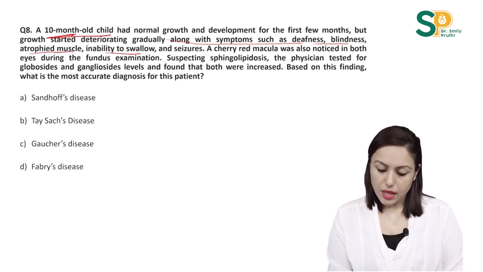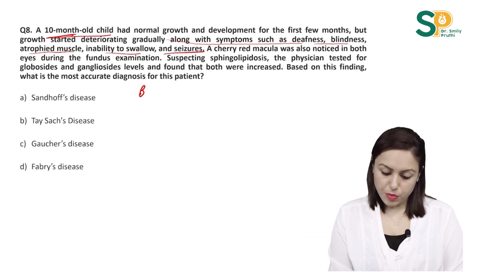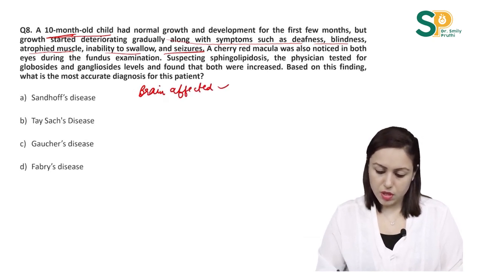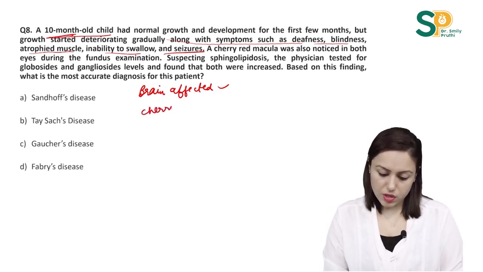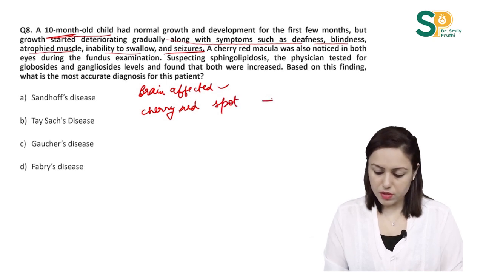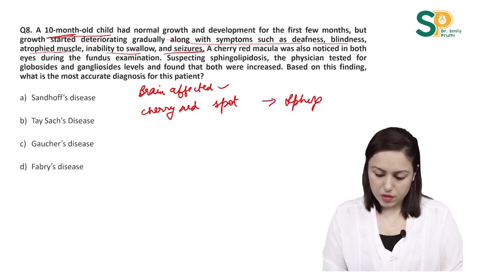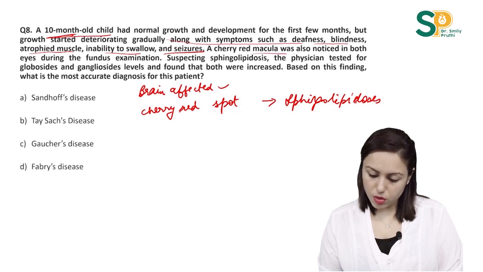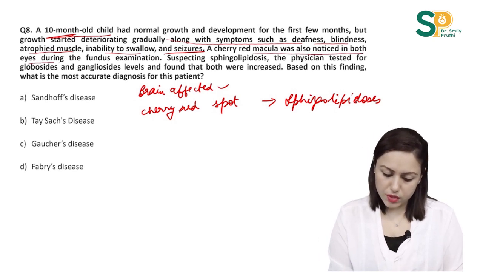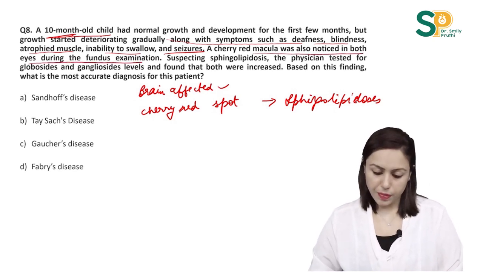So the brain is affected in this patient. A cherry red macula. So, cherry red spot. Cherry red spot is a characteristic feature of sphingolipidosis, right? So cherry red macula was also noticed in both eyes during the fundus examination.